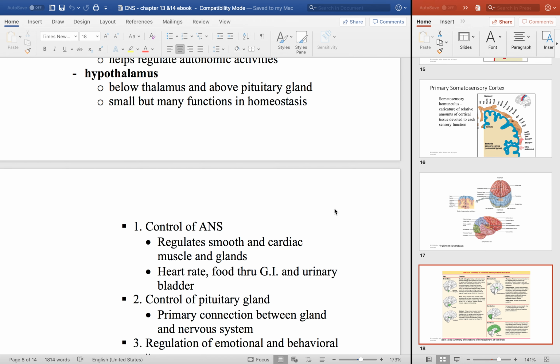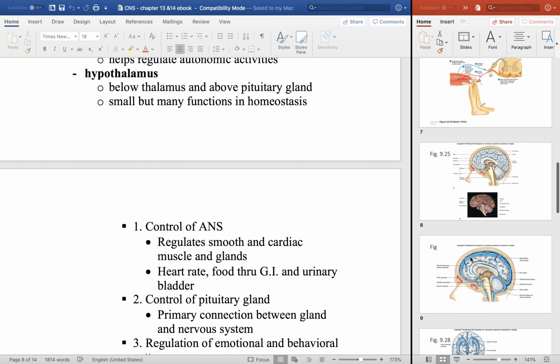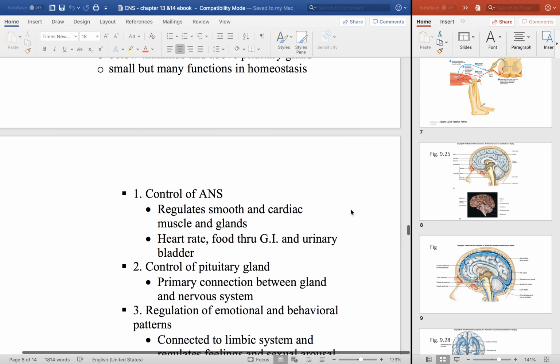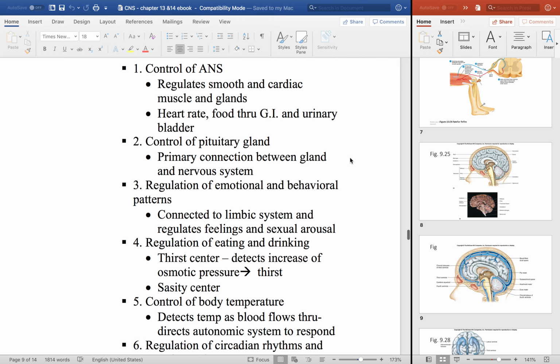Remember, that means automatic. So it's slightly below or inferior to the thalamus, but it's above the pituitary gland, which, remember, I pointed out in the other picture right there. It's in the sella turcica, sorry, right there. But this is what maintains homeostasis. If something's wrong with your hypothalamus, then you're in trouble.